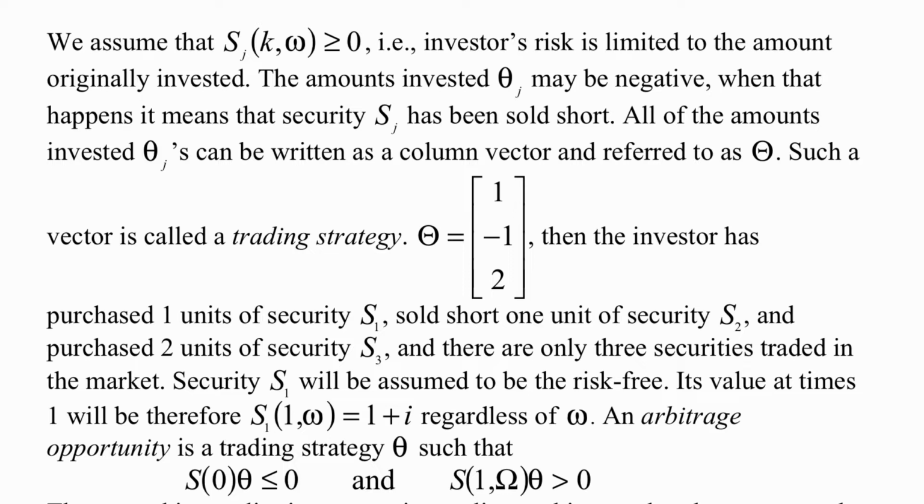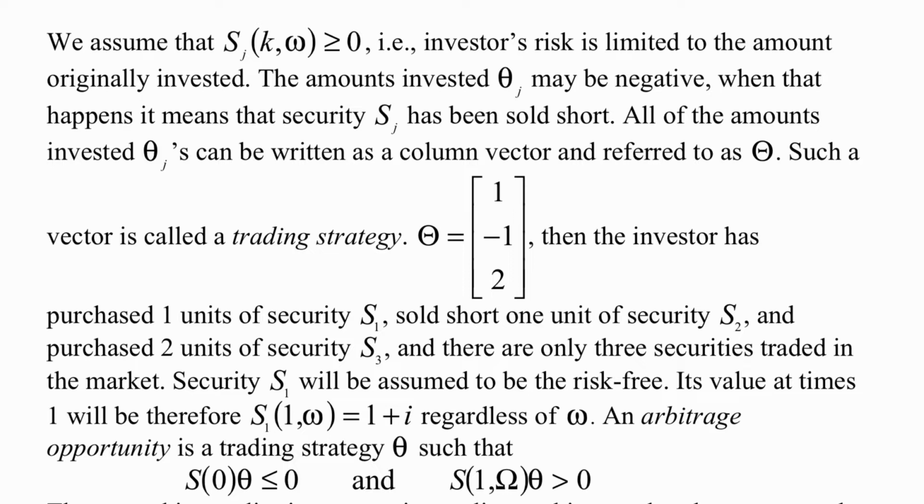Now we will formally define an arbitrage opportunity. An arbitrage opportunity is a trading strategy, theta, such that S of 0 theta is less than or equal to 0, which means that the price of the portfolio so created is less than or equal to 0. That means that you don't have to pay anything for the portfolio, or you may even get money for getting that portfolio.